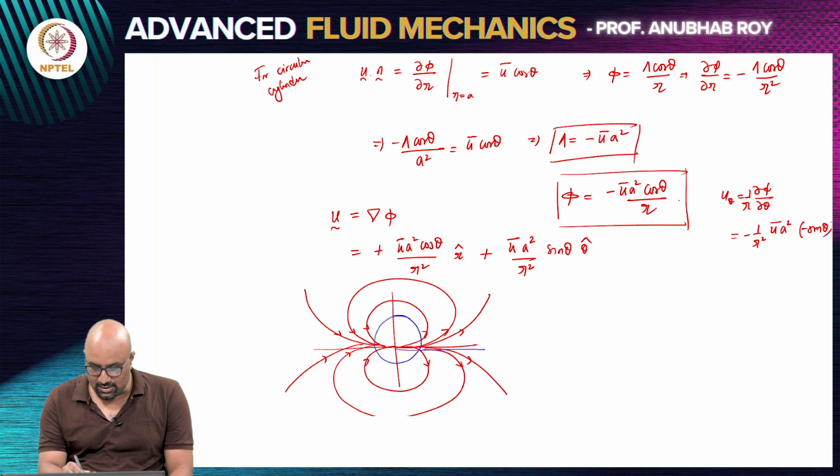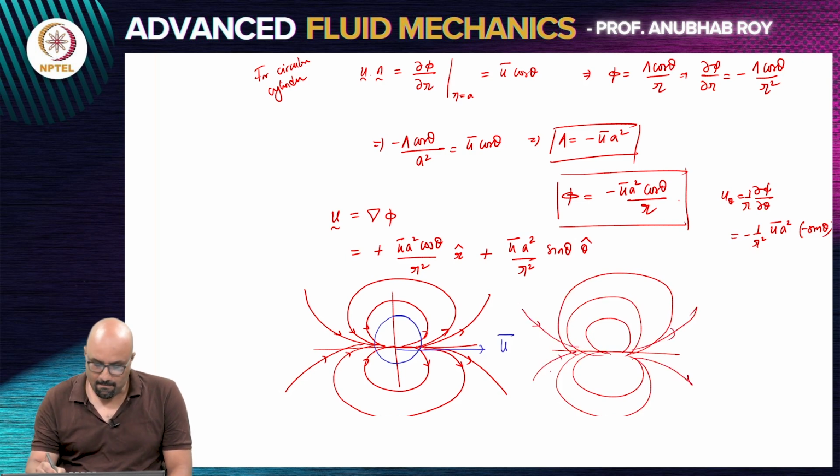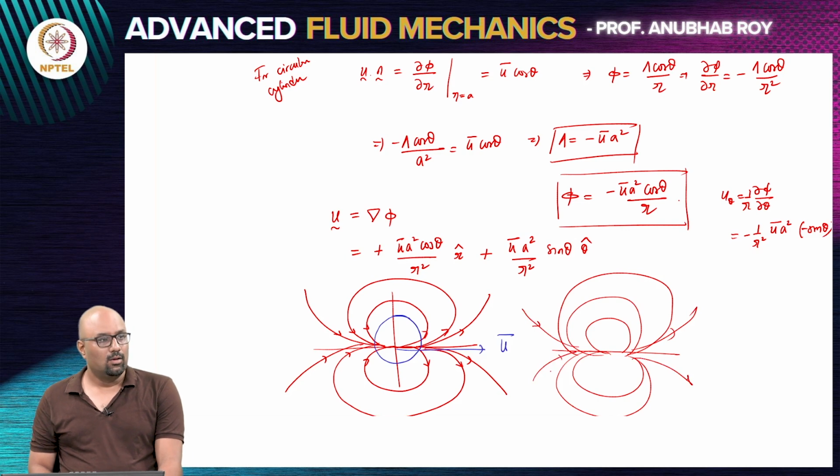So, the cylinder is translating with a velocity u bar. At a next instant in time, the cylinder is going to probably be somewhere here, which means the streamline pattern is unsteady.